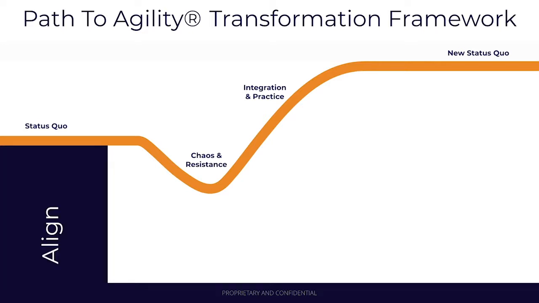The first stage of Path to Agility is what we call the align stage. The align stage is focused a lot around, as an organization, why are we changing? Why are we going to introduce this change amongst our people? Because we are going to go through this period of chaos and resistance first, and we need to make sure that everybody's rallied around a compelling why. Too often we hear leaders say that the reason they're going agile is to be agile.